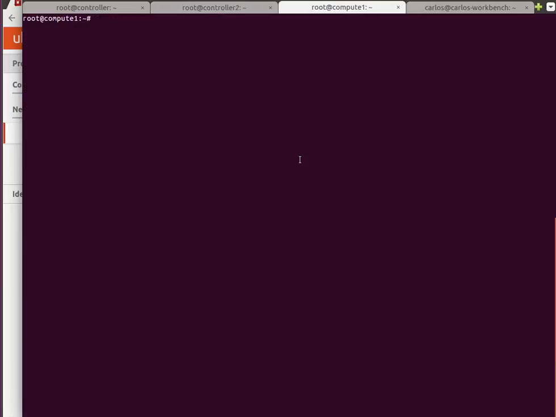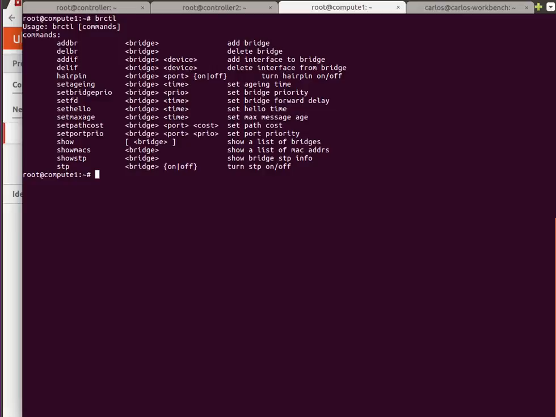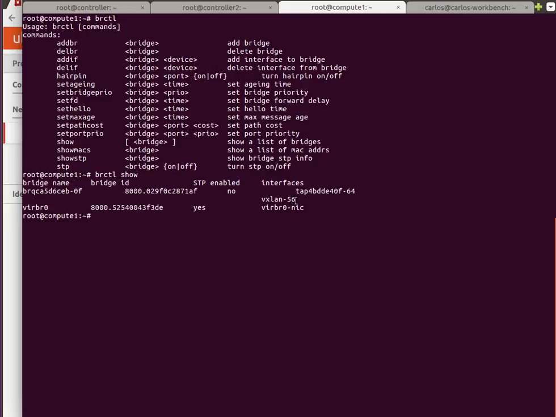This will reach that compute node, which would have a similar bridge that also has an interface on VXLAN 56. But that bridge also has another interface, which is TAP4B. Who is the owner of TAP4B? Well, our instance, in this case instance 06.